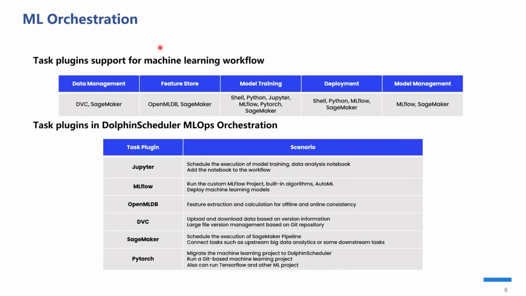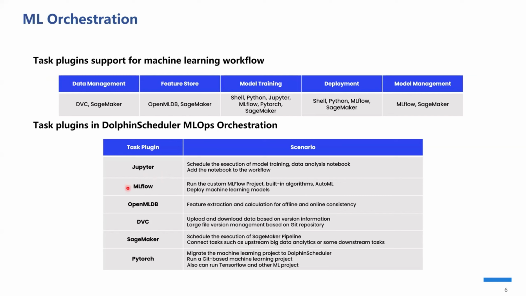So from the five categories, from data management to model management, we support the task plugins. For the Jupyter task plugin, you can schedule some data analysis notebooks. You can write your own Jupyter notebook and add it to one task, one subtask of the workflow. And MLflow is an open source tool.